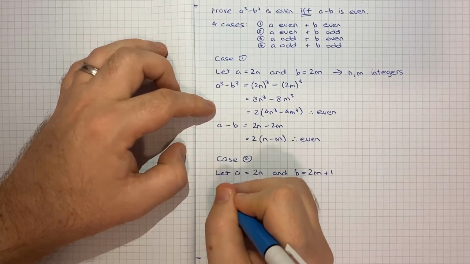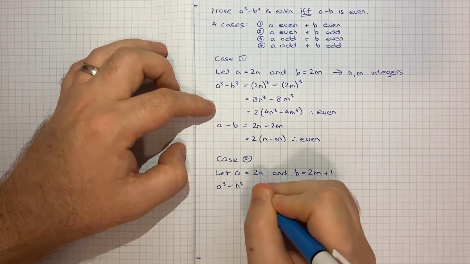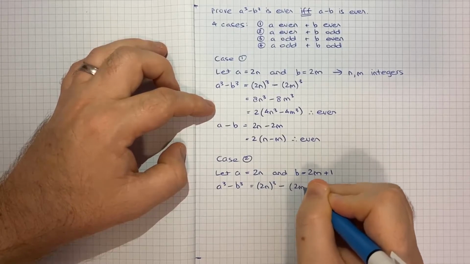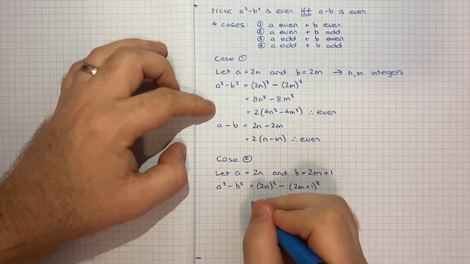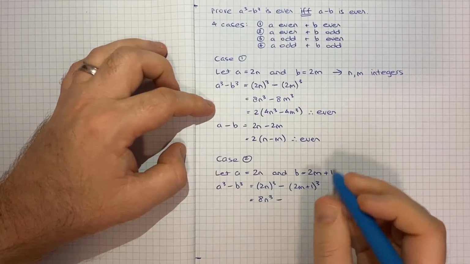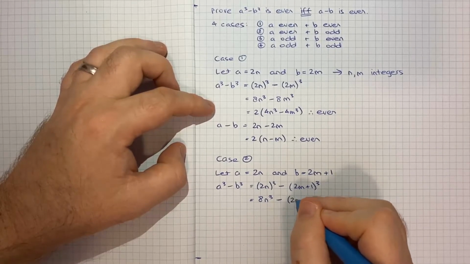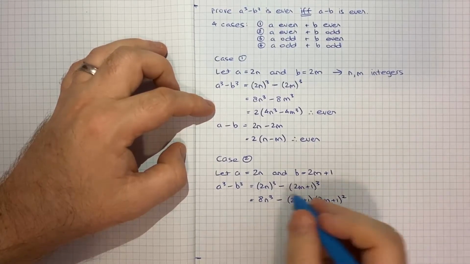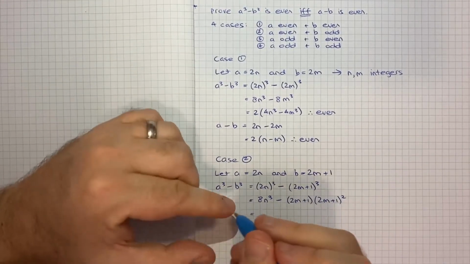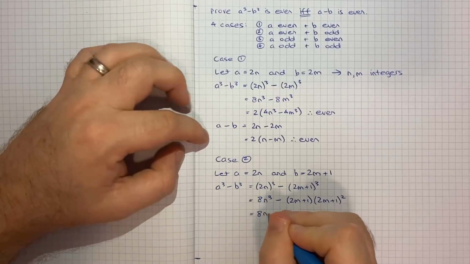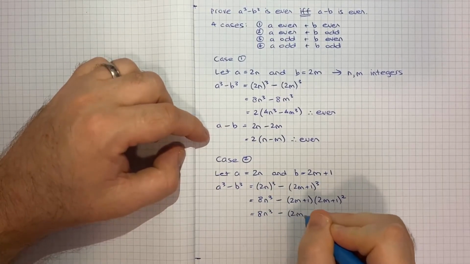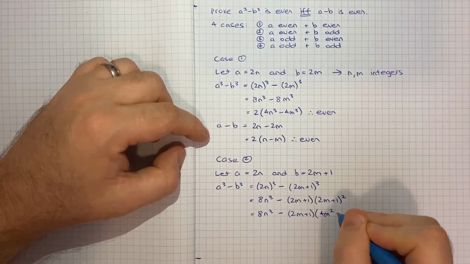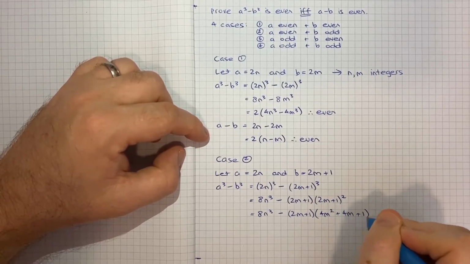So again, we can look at a cubed minus b cubed, which would be (2n) cubed minus (2m plus 1) cubed, which is 8n cubed minus (2m plus 1) times (2m plus 1) squared, and then I'll expand. So we'll get 8n cubed minus (2m plus 1) times (first one squared, plus twice the product, plus the last one squared).